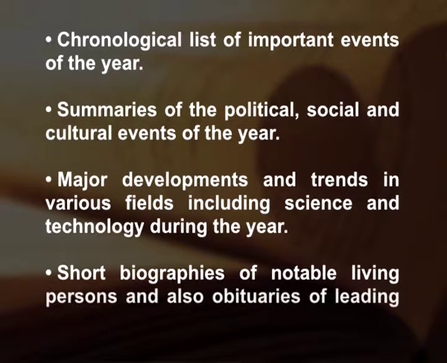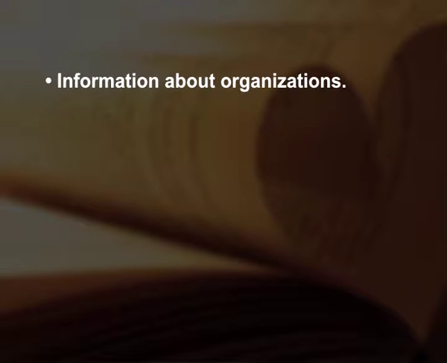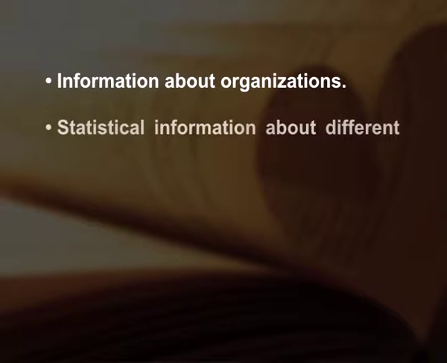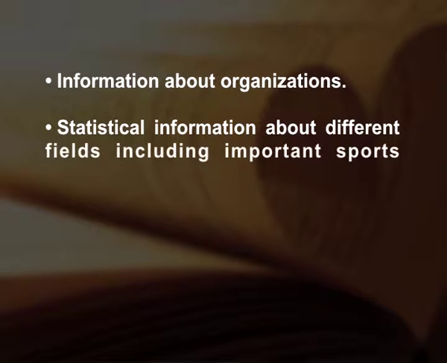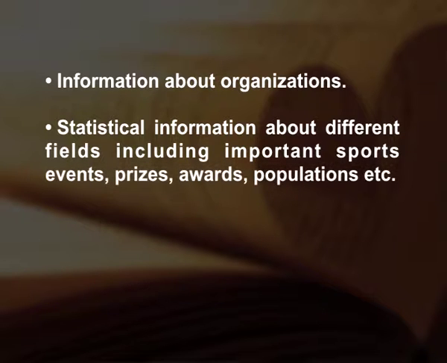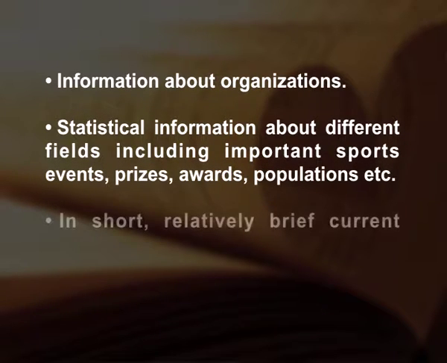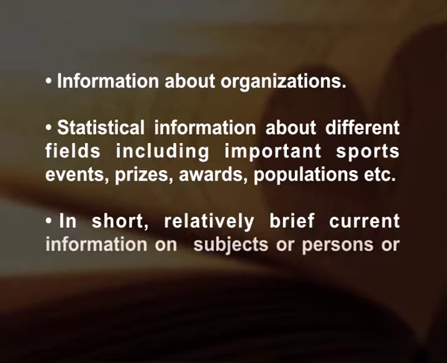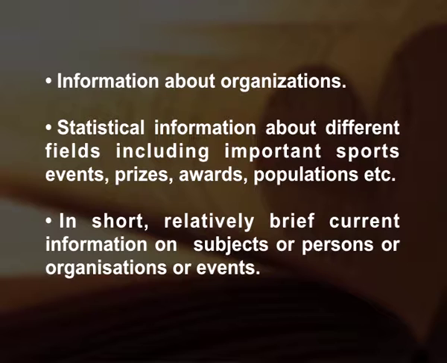And fourth, short biographies of notable living persons and also obituaries of leading personalities. Fifth, information about organizations. Sixth, statistical information about different fields including important sport events, prizes, awards, populations, etc. Seventh, in short, relatively brief current information on subjects or persons or organizations or events.